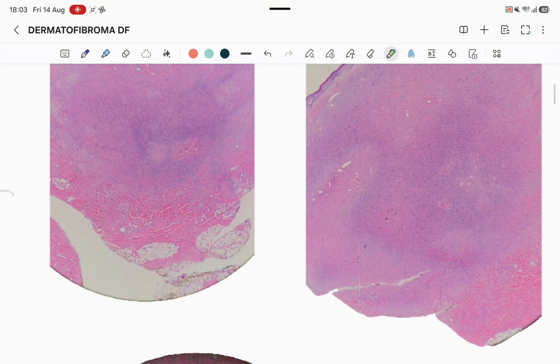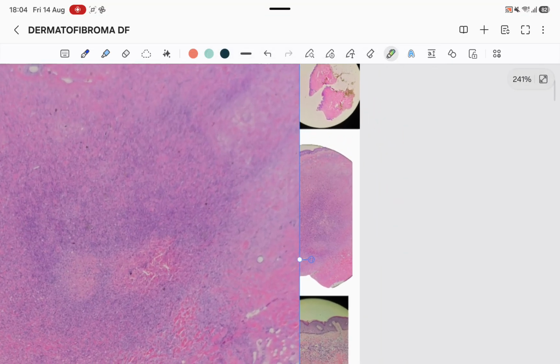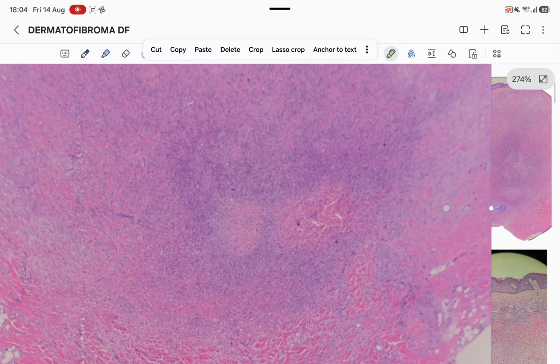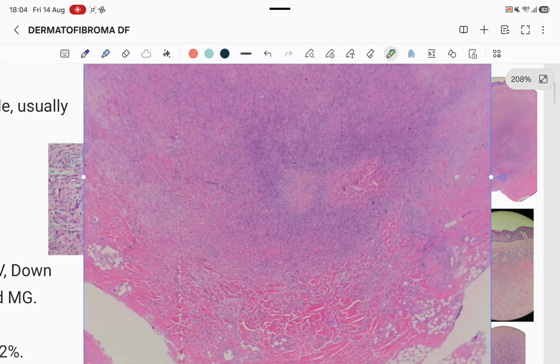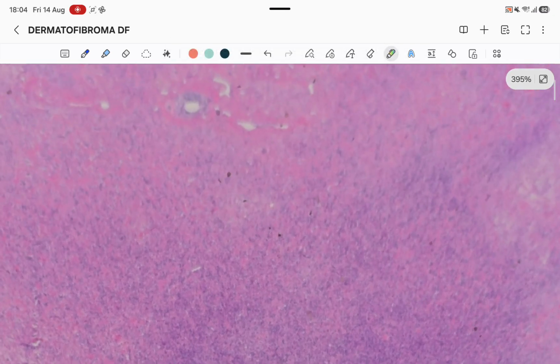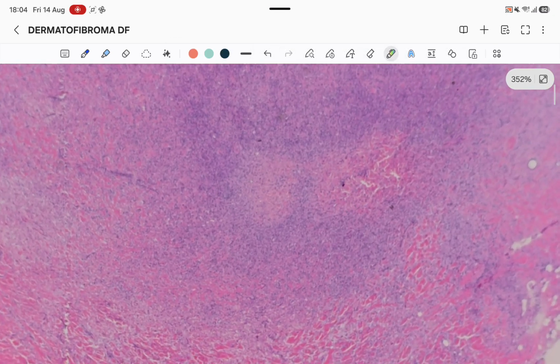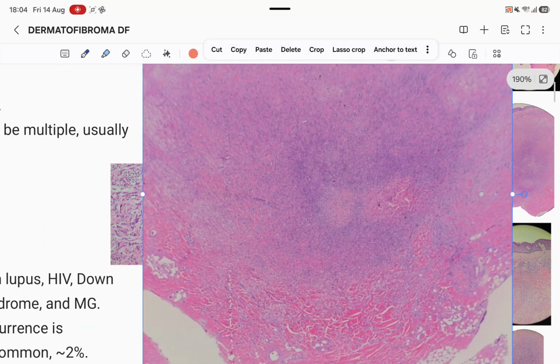Let's look at this image. Okay, so you see it is really difficult to understand. That's on low power. So let's go to higher definition and we'll see that it's not present in this case, at least not in my case here.